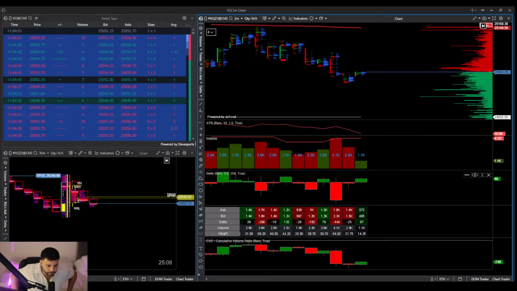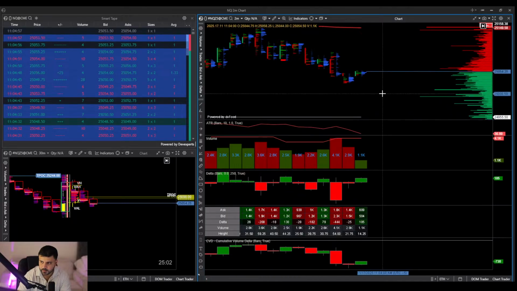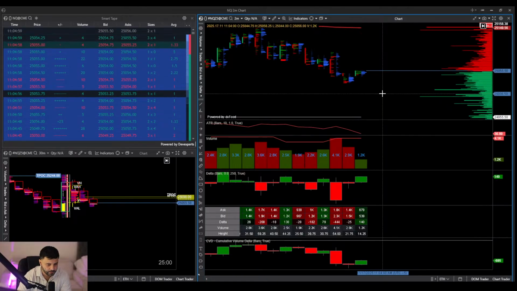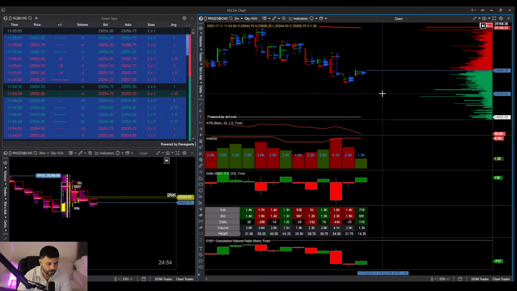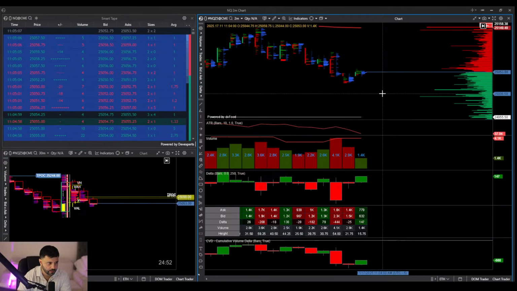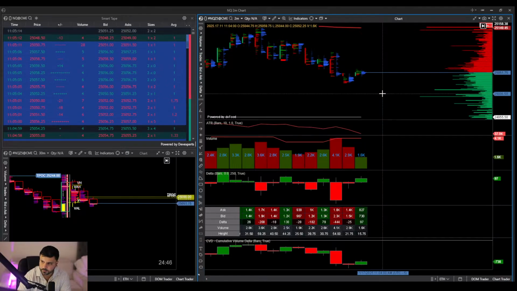Okay, I'm going long. Let's see what happens here. A reclaim of the value area low.